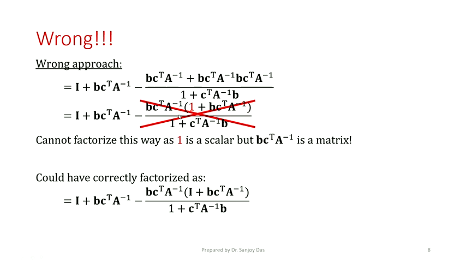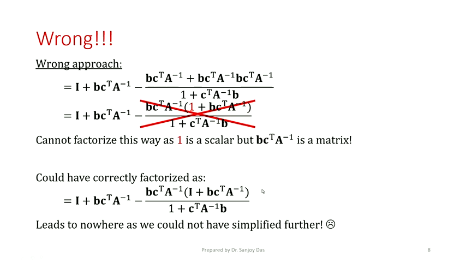So when I took this out, BC transpose A inverse, instead of writing a 1 here, I can write an I. But then what happens? It leads nowhere. What do I do next? This is a matrix, and this is a scalar. I cannot do any cancellations or anything. So although this step is correct, it leads nowhere. We cannot simplify any further. So when you solve these problems, you need to strategize properly.